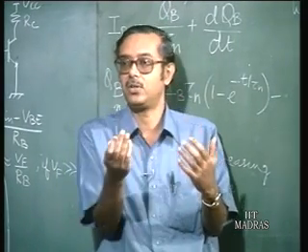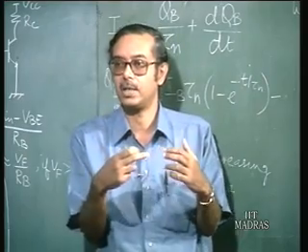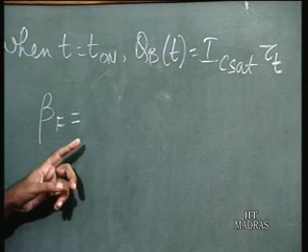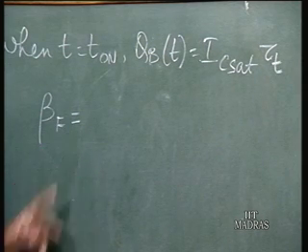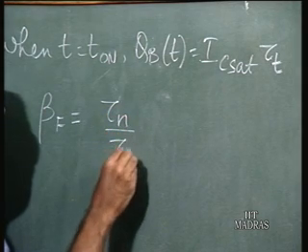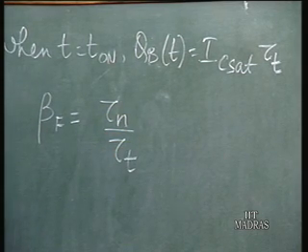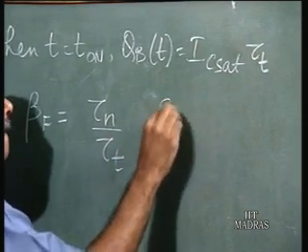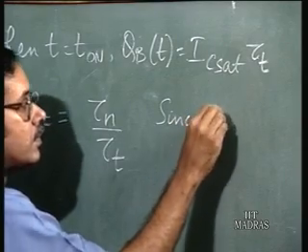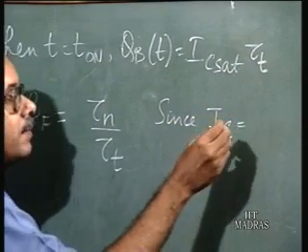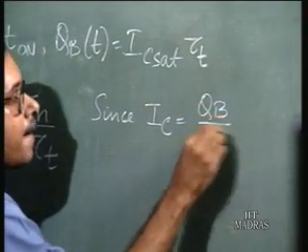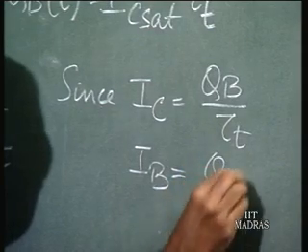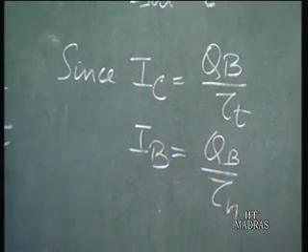QB is equal to IC into tau T. So, collector current is QB by tau T. So, we can write beta f is equal to tau n by tau T. From this relation you get tau n by tau T.